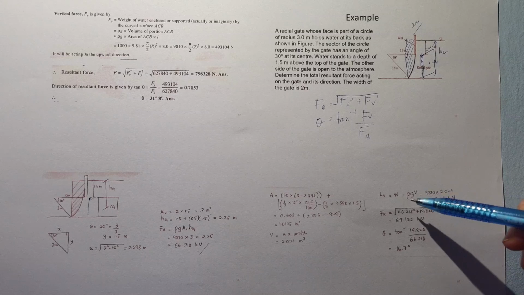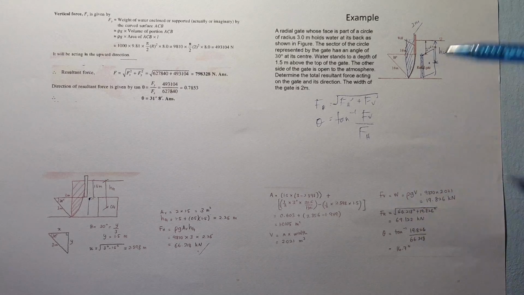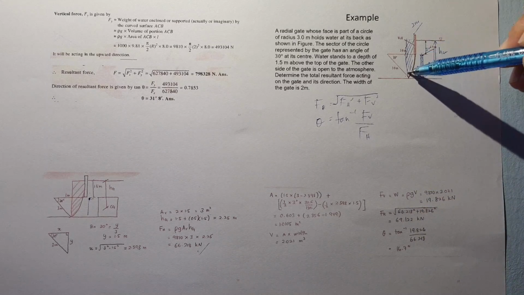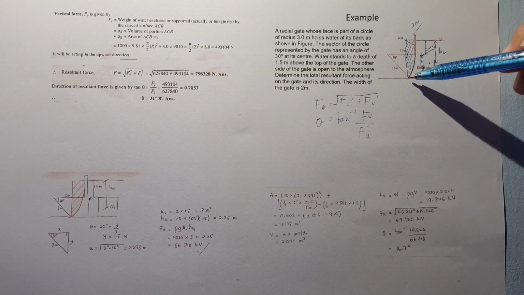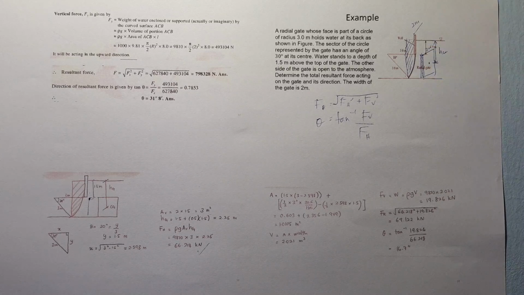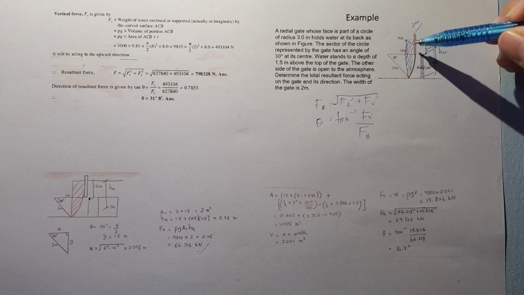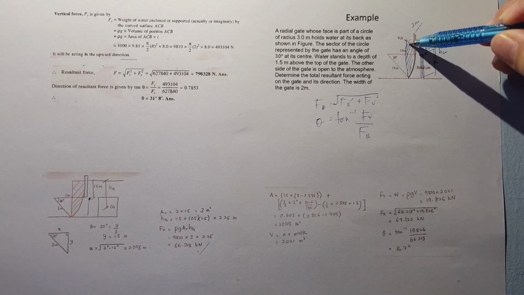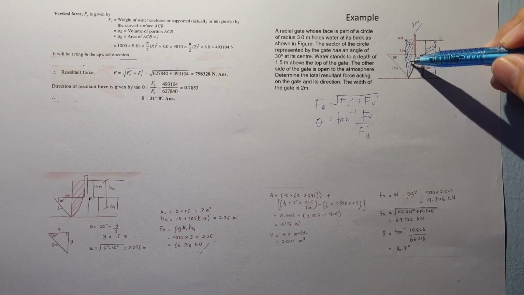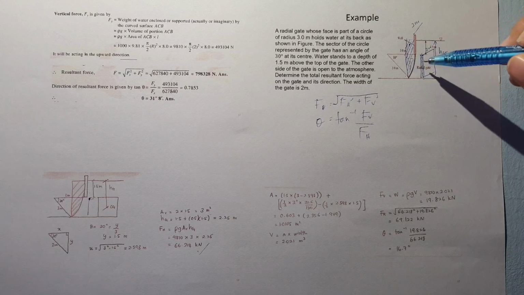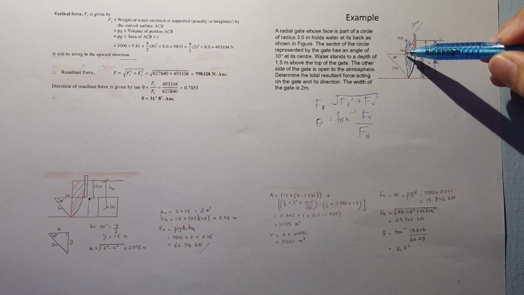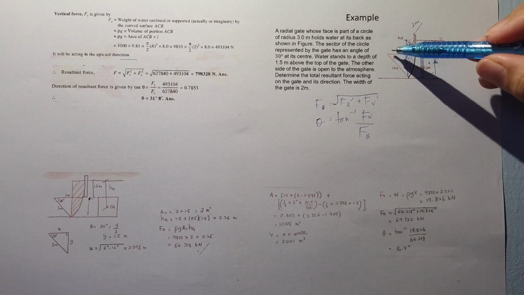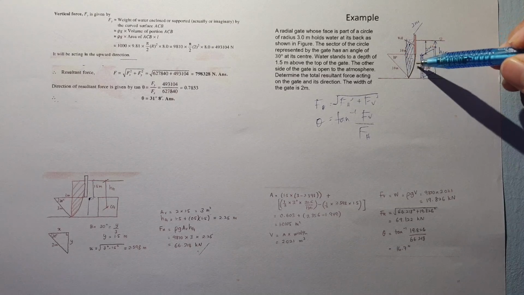Okay, next is to calculate force in vertical direction. So this is a virtual weight or volume. So you have to use your mathematics. Calculate area 1, a rectangle, plus another section, area 2. You use the 30 degree sector of your circle minus the area of the triangle, and you get area 2.